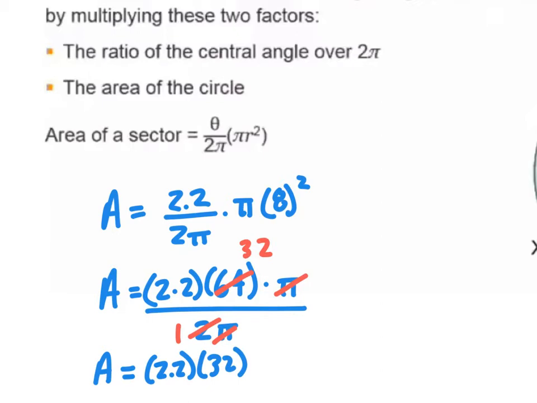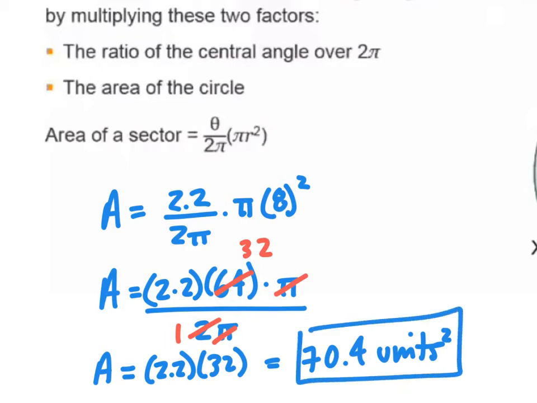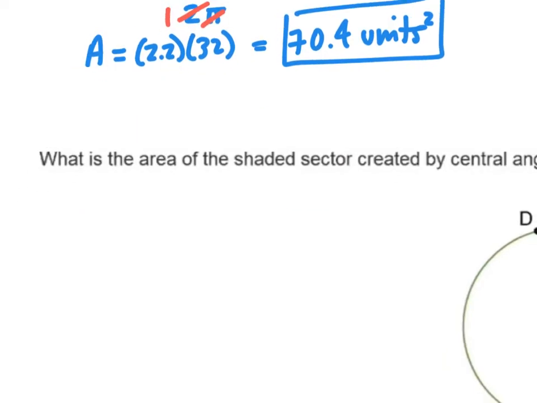If I take 32 times 2.2, that gives me an area of 70.4, and that's units squared. Pretty nifty. Let's see if that same concept will work in the next one.